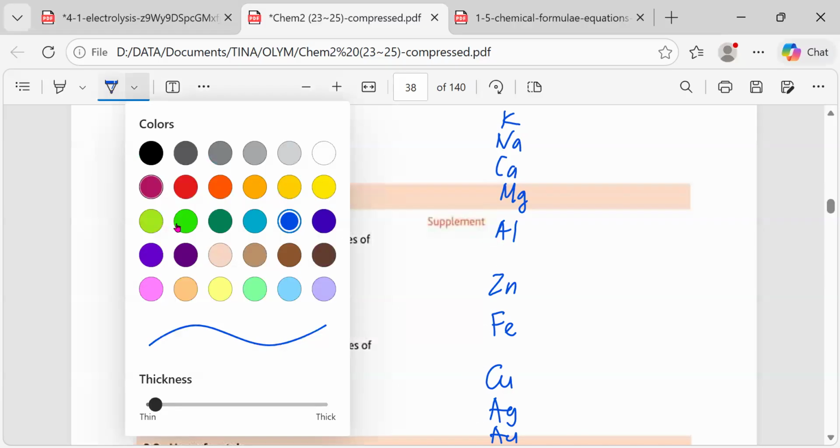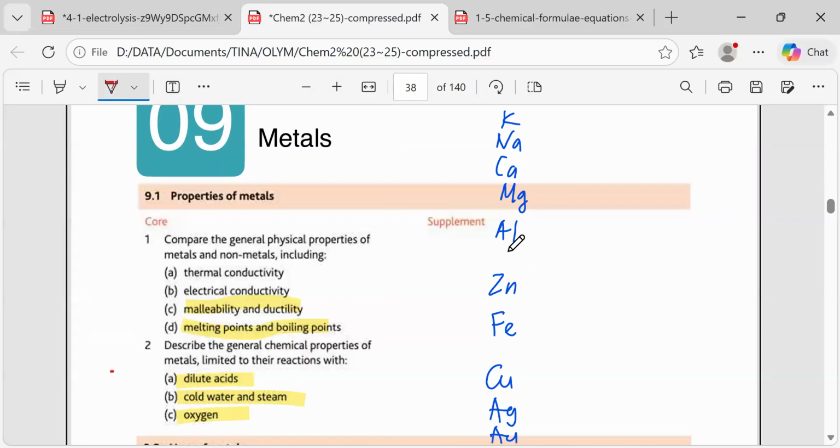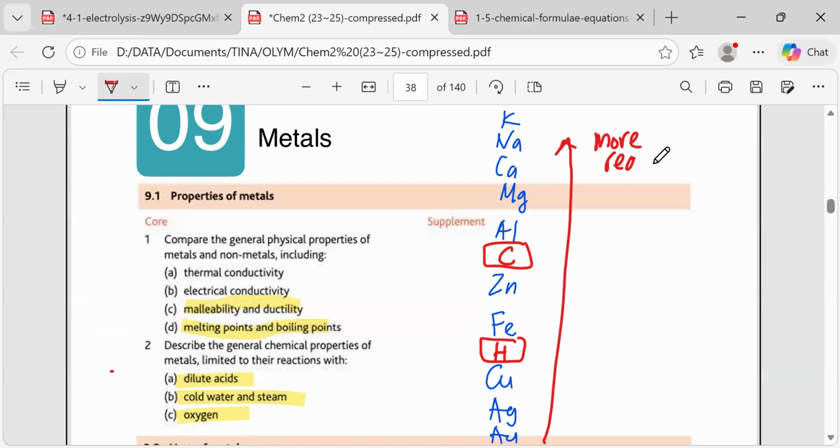But we also learn some non-metals, which are carbon, not carbon dioxide, and hydrogen. So the higher it is, the more reactive. For example, potassium, sodium, calcium react with water, whoosh, kaboom, explode.